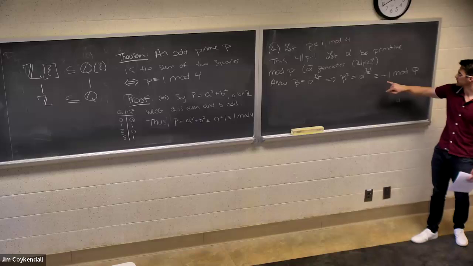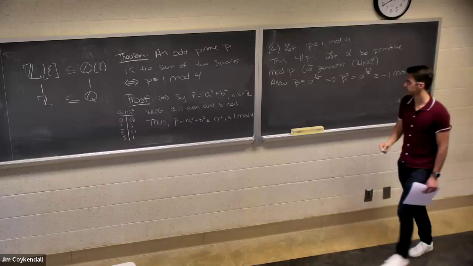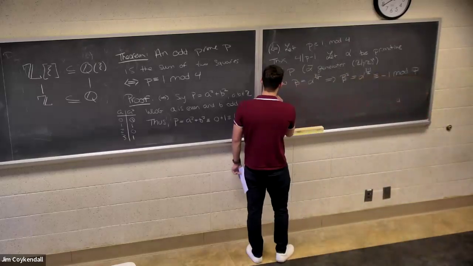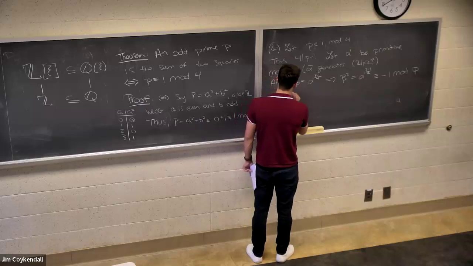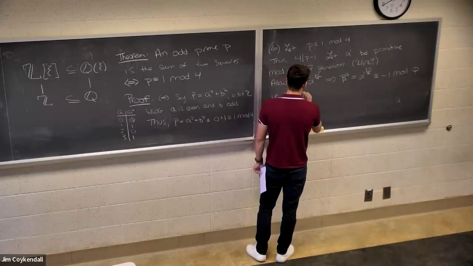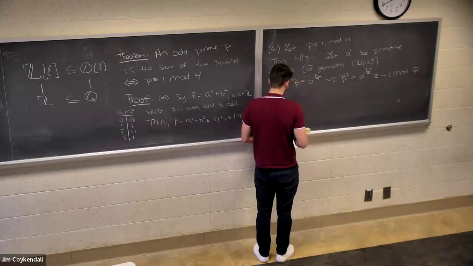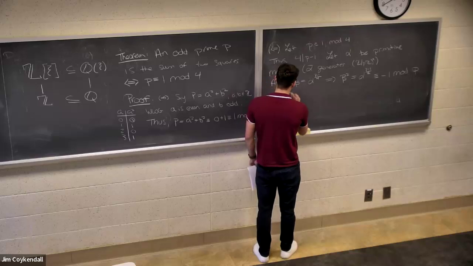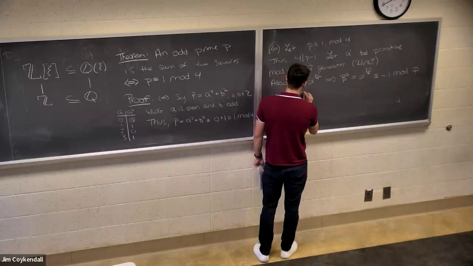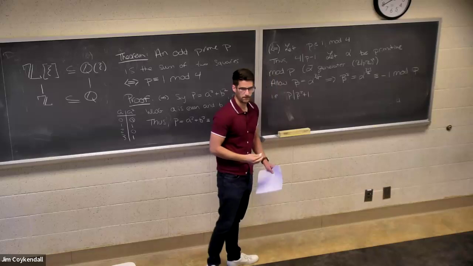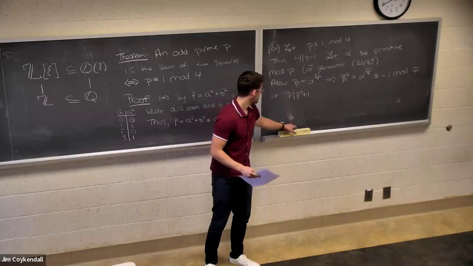So beta squared is congruent to minus 1 mod p, i.e. p divides beta squared plus 1. With me so far? Okay.